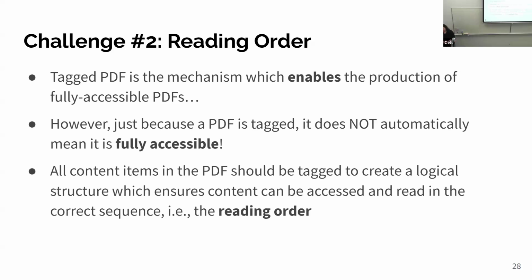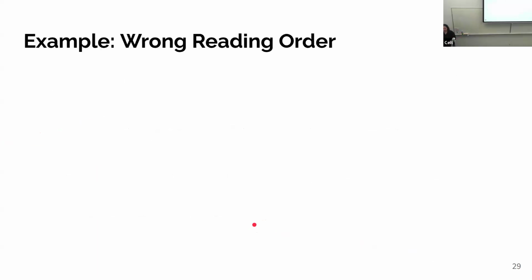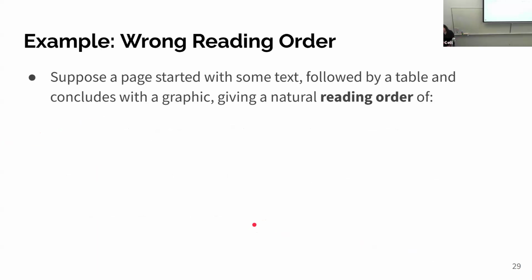All content items in the PDF should be tagged to create the logical structure, which ensures that content can be accessed and read in the correct sequence, which is what we call the reading order. Ideally, when we tag a PDF, it should already have the proper reading order embedded into it. However, that does not always happen.